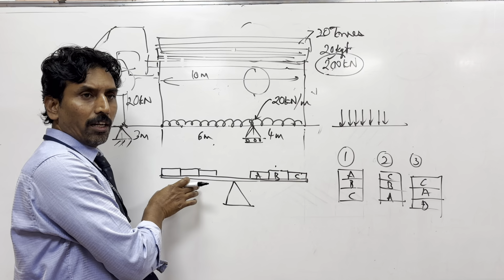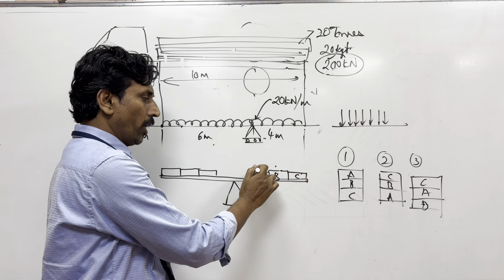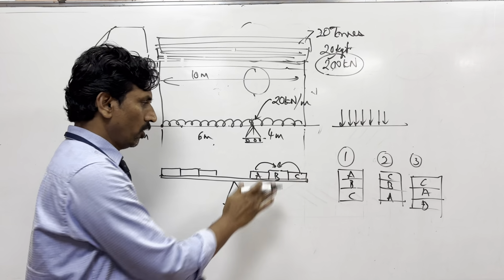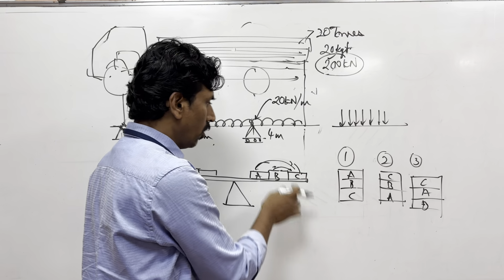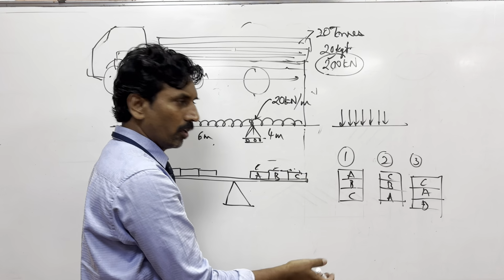Suppose, should I move A and C over B? Will it work? Or should I move A and B over C like this? Or should I move C and B over A? Which is better?